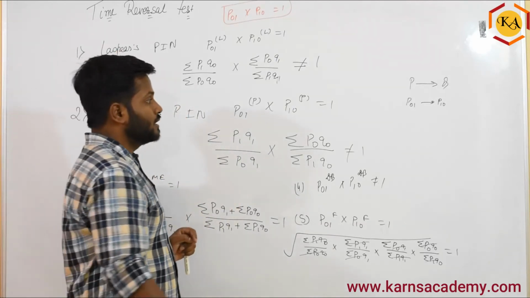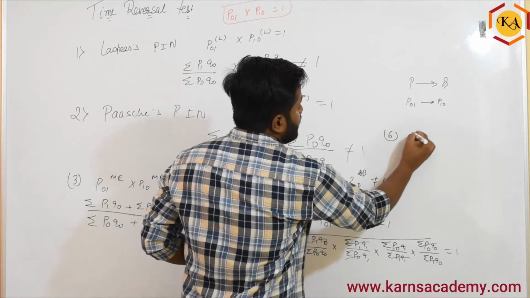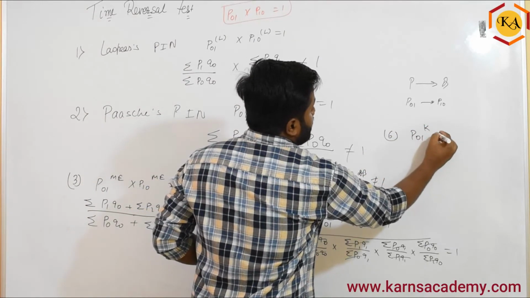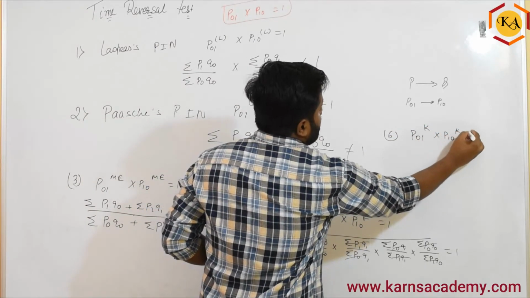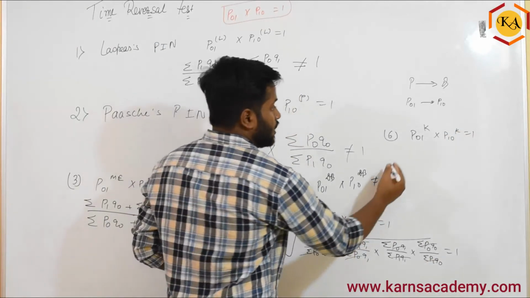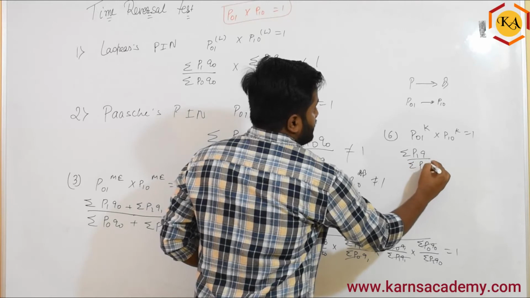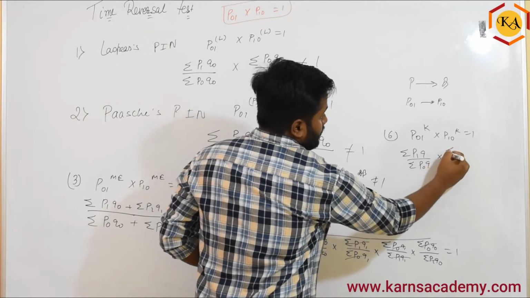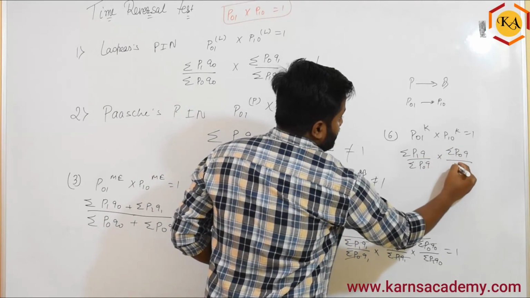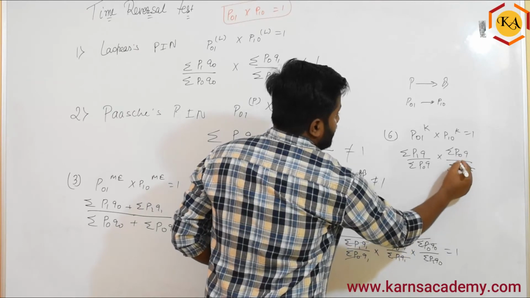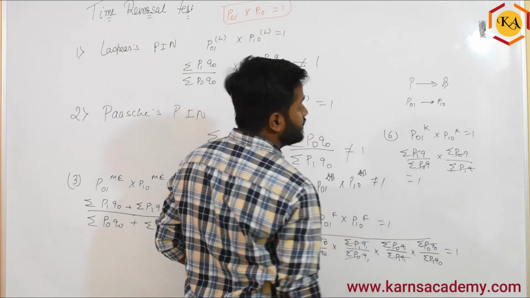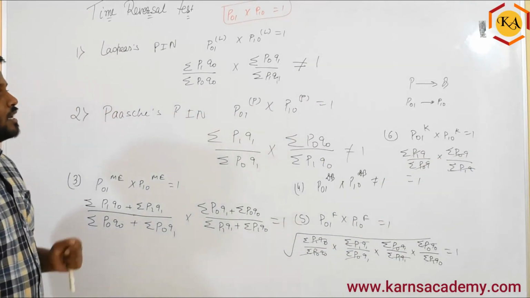The last part, that is the sixth one, that is Kelly, P01 Kelly into P10 Kelly equal to 1. Let's see this formula also. Summation P1Q by summation P0Q into, this will become summation P0Q by summation P1Q. Again everything is getting cancelled, which means this is also satisfying the TRT.